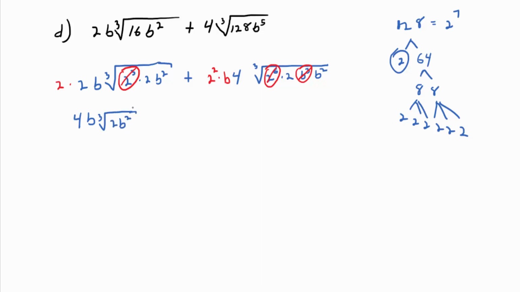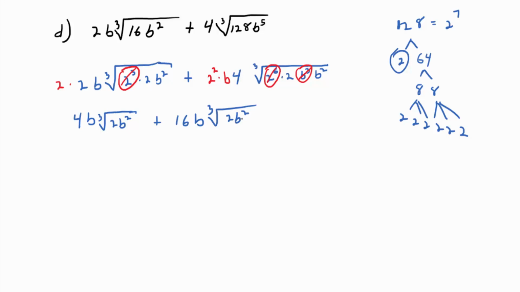That radical simplified all the way because in that radicand you don't have any factors that are perfect third powers or above. So you know that's simplified. Plus, what do we end up with outside of this second radical? 2 squared is 4 times 4 is 16b. And then what's left? Cubed root of 2b squared.